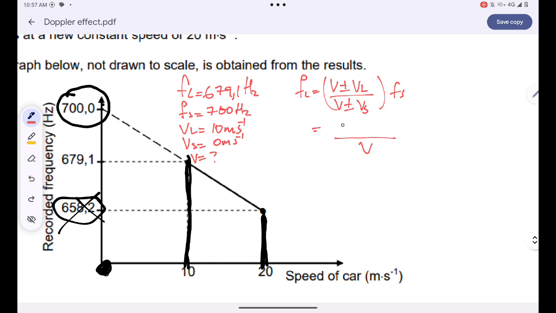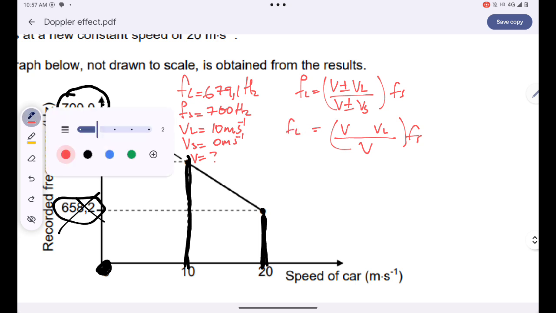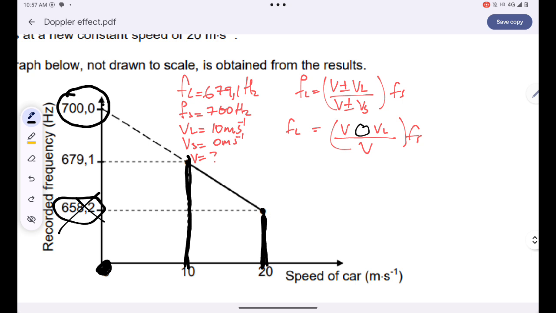And then at the numerator we will have v and also the velocity of the listener, times fS is equal to fL. Now I'm wondering, which sign am I supposed to substitute over there? Is it a plus or minus? Remember that, guys, my listener is moving away from the source.